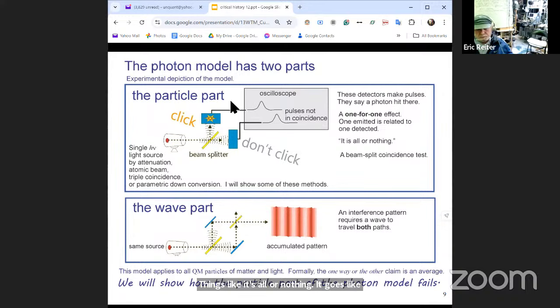This is the particle part. And then you rearrange the beam, and this way it has to be both ways, in contradiction to the one way or the other, in order to see the interference pattern. And everybody knows that, except what happened is they interpret this as a probability wave. So we're going to show that it's this part of the model that breaks down in my experiments.